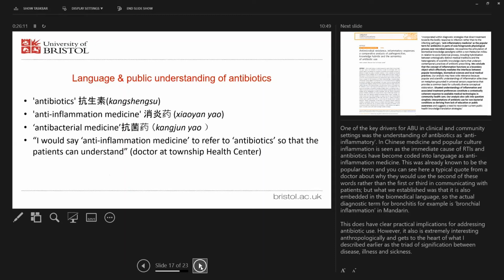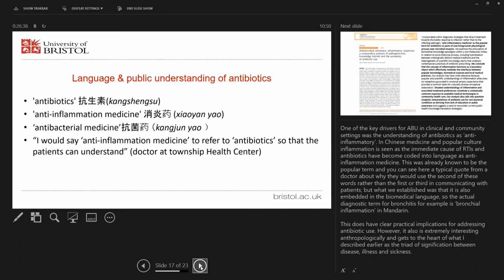And during the course of this research, we looked in great detail at the understanding of antibiotics in this local setting as anti-inflammatory. And this understanding, which is embedded in traditional Chinese medical understanding as a causal mechanism for ill health, has become coded into language as anti-inflammation medicine.